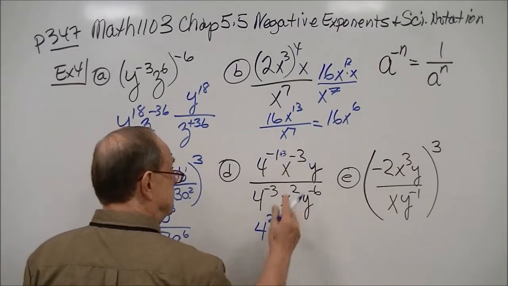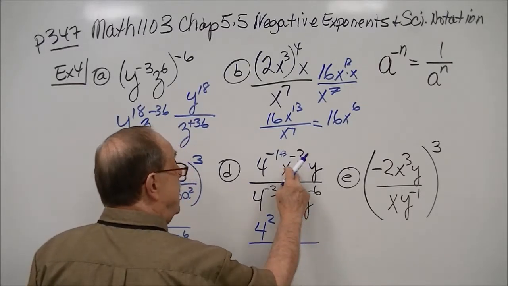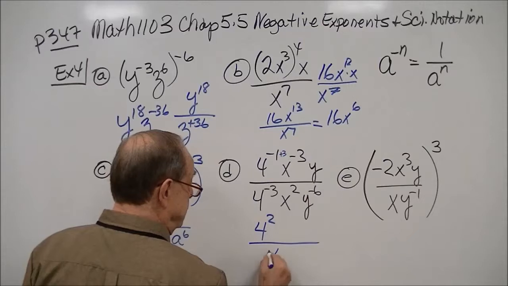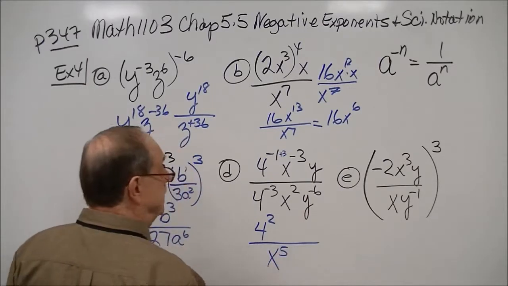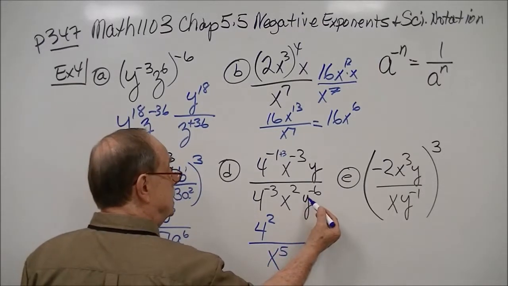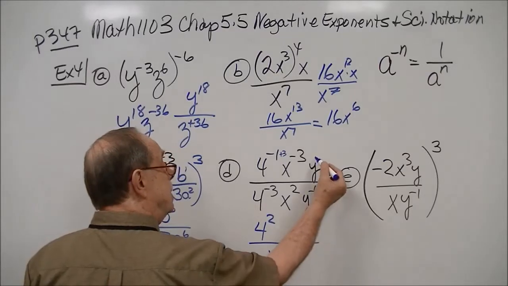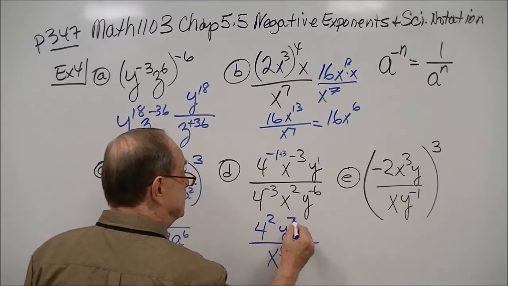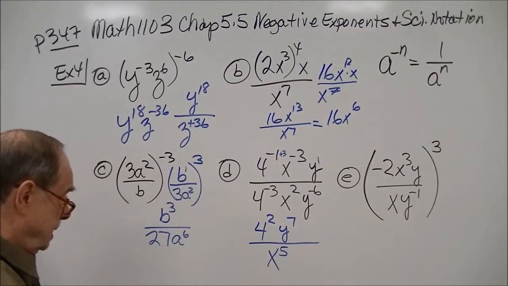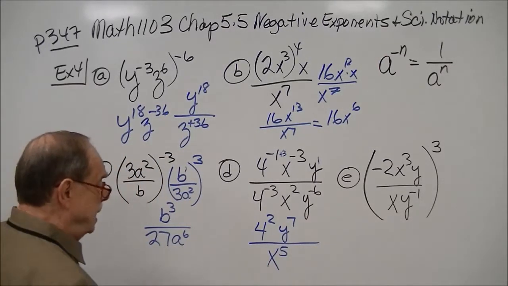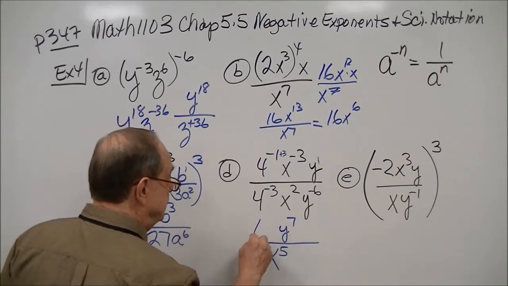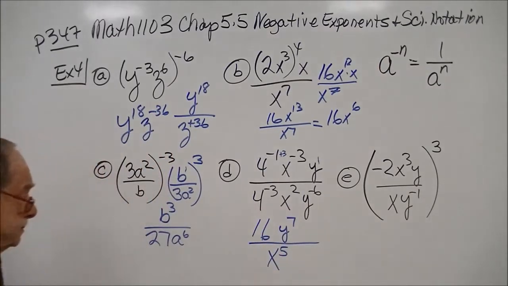We're going to bring this x to a -3 down, and that then in the denominator becomes x to the 5th. We're going to bring the y to the -6 up. There's a 1 there. So that becomes y to the 7th. And I think we can save a little room by just making this a 16.